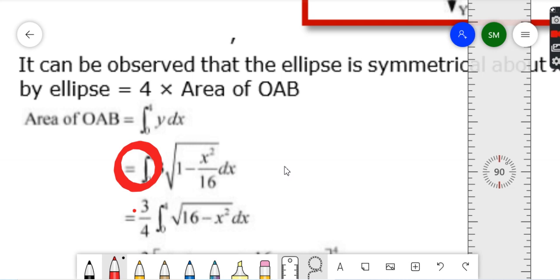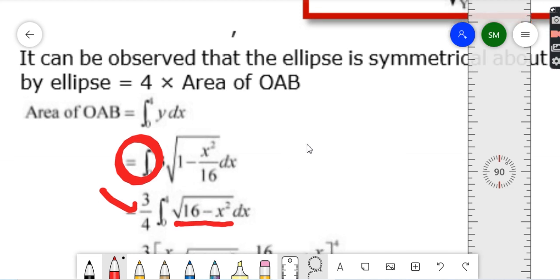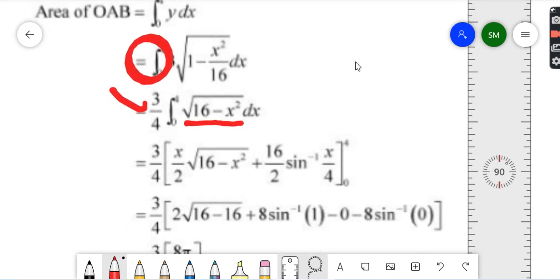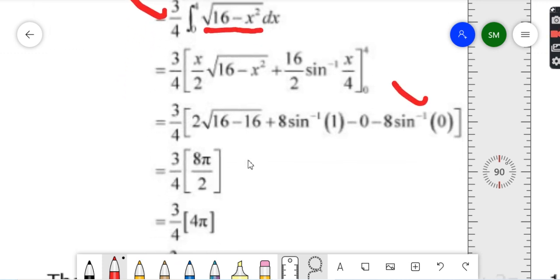So this 3 by 4 will come out. Now you know that this is the standard formula, a square minus x square. So apply that sine inverse formula. Alright. So x by 2 under root 16 minus x square plus a square by 2 sine inverse x by a, that is 4, 0 to 4. Apply your limit. Whatever answer you are getting, that is 3 by 4, 8 pi by 2.